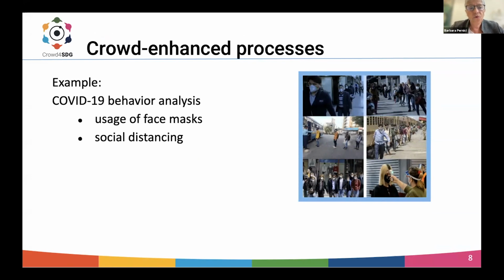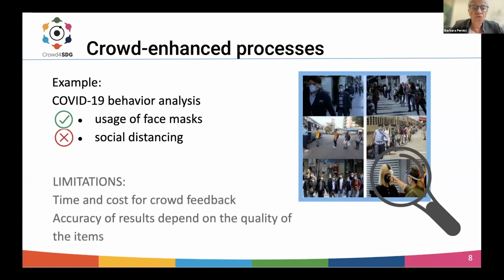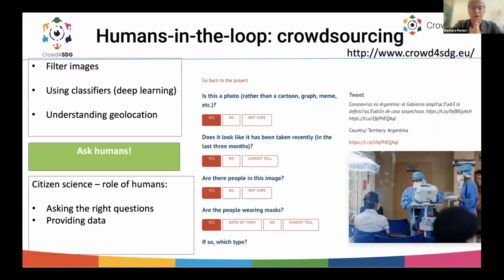In particular, we were focused on usage of face masks in different countries and social distances. And we were trying to analyze from the gathered images what could be the level of usage of the different devices. So either the legal requirements for distance or physical devices like masks.